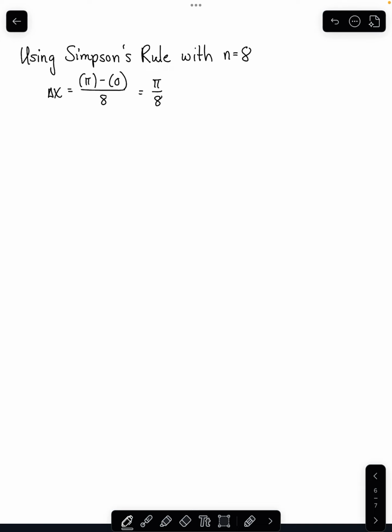This means that our x sub i's are going to, starting at 0, go up by pi over 8. So we have pi over 8, and then 2 pi over 8, and then 3 pi over 8, 4 pi over 8, 5 pi over 8, 6 pi over 8, 7 pi over 8, and lastly, 8 pi over 8.